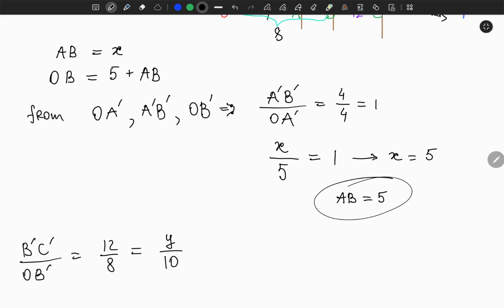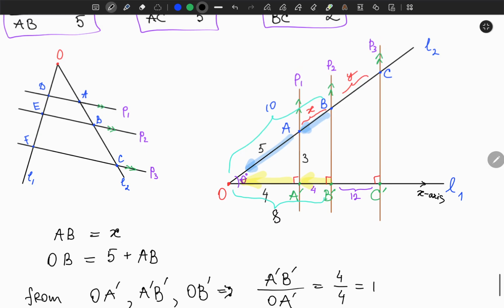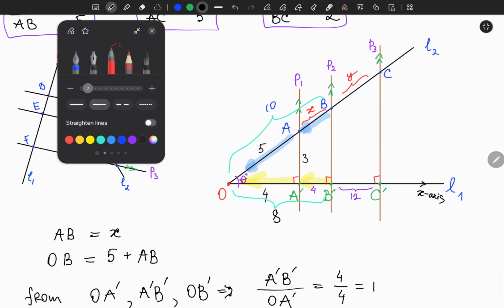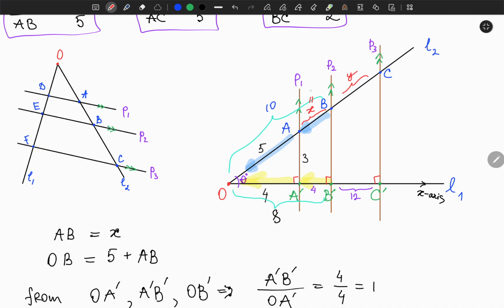And by the proportion rule, we can get y is equal to 10 times 12 over 8. Here if we divide 4, divide 3 times 2, 5 times 3, 15. Okay, so y is 15. Here y is going to be 15. This we got as 5, this is 15.